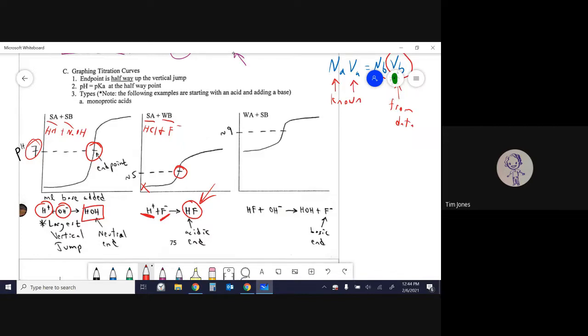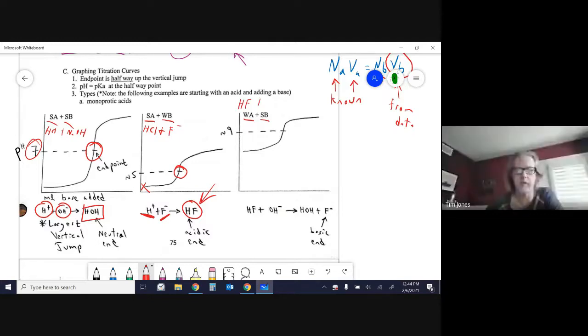In this last example, weak acid, strong base, let's say we use the weak acid HF and strong base sodium hydroxide. We're still starting with an acid, so we're still starting with a lower pH. But then, as we neutralize it, we've got the weak acid HF.